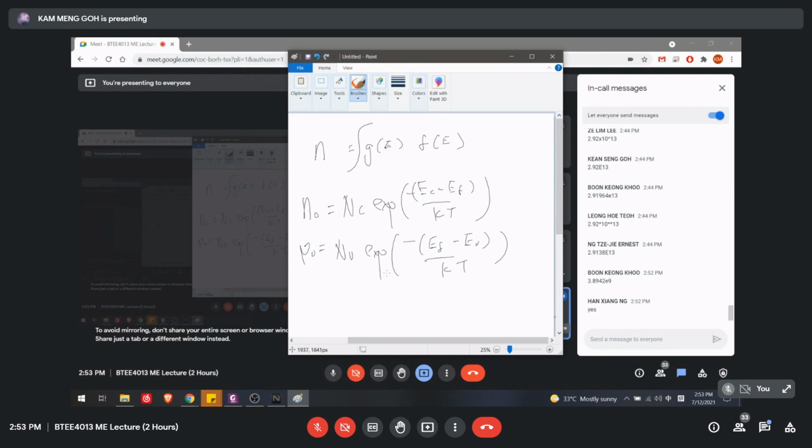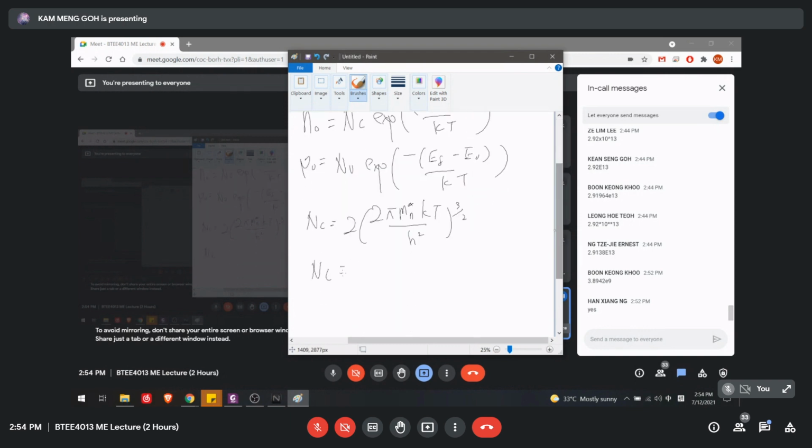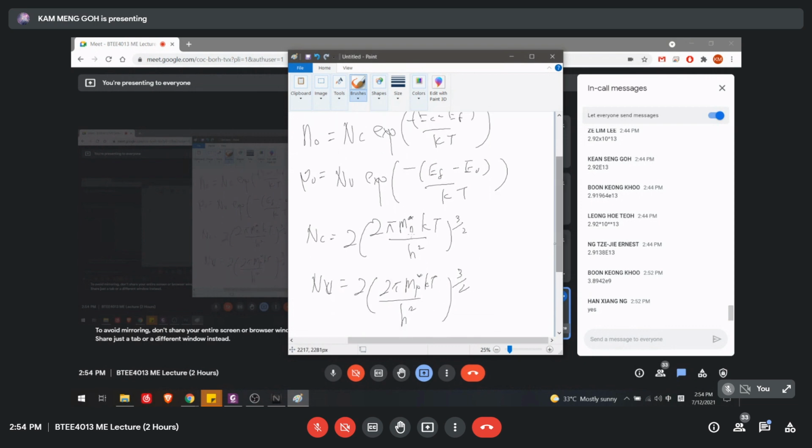Then your NC and NV can be calculated. NC will be 2 pi mn KT over h square to the power 3 over 2. Then your NV will be 2 pi mp KT over h square to the power 3 over 2. So when T is changing, then the NC and the NV will also change.